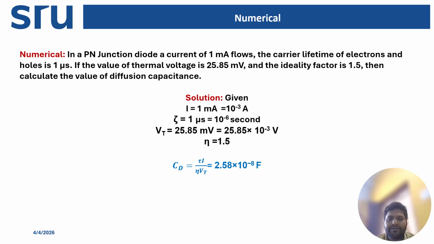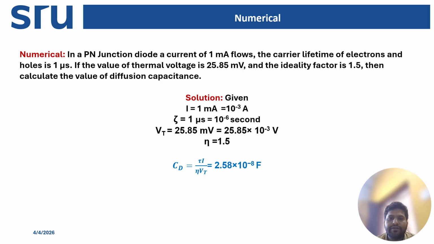Vt is the thermal voltage, 25.85 millivolt, so converting to volt, 25.85 into 10 to the power minus 3. Eta is 1.5. So we can put all the values in the equation CD equals tau I divided by eta Vt. So we get 25.8 into 10 to the power minus 8 farad.